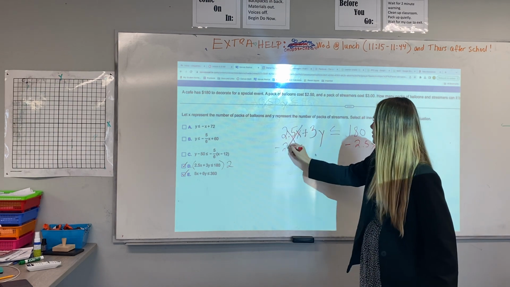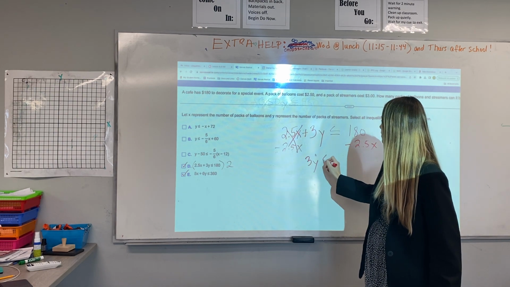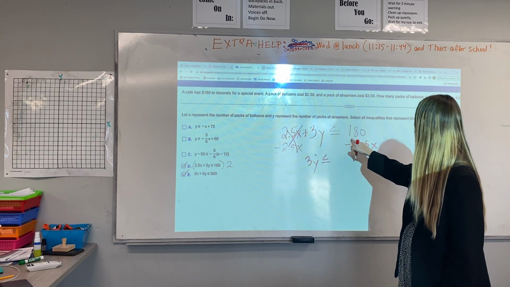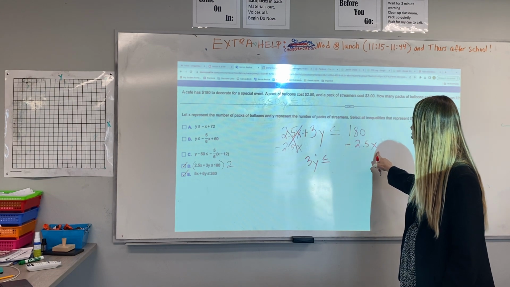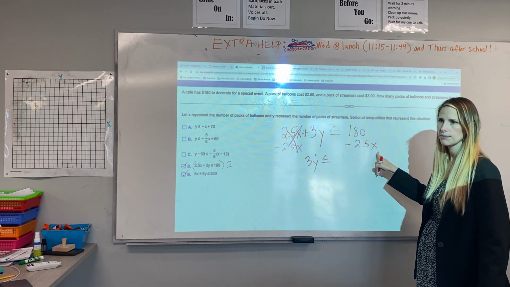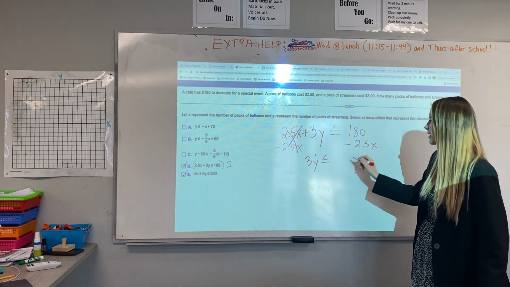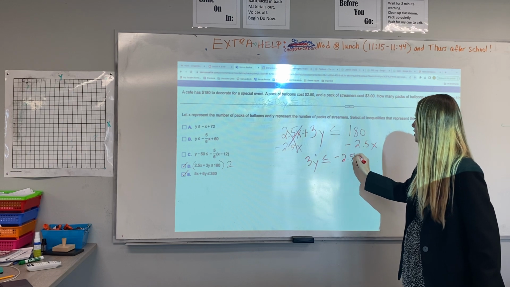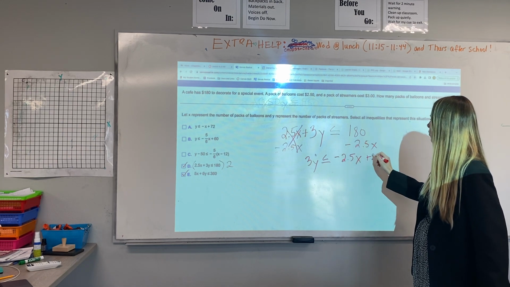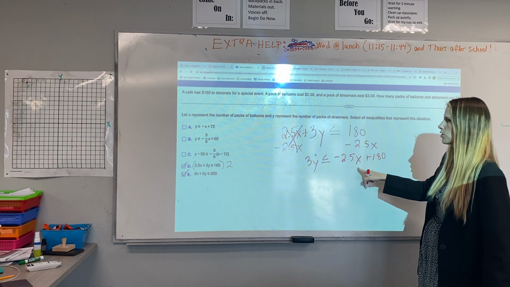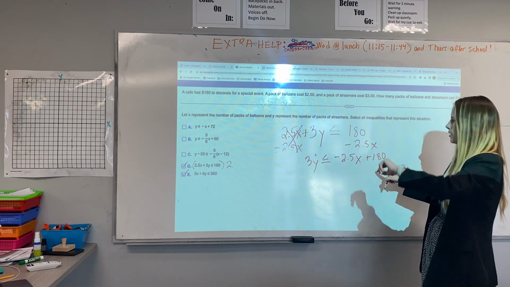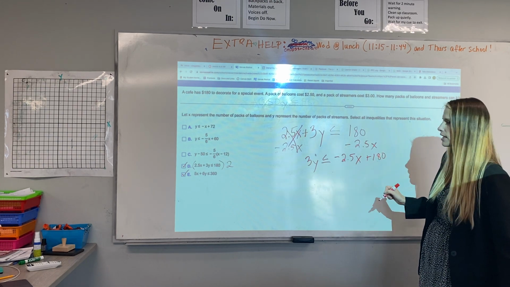So that cancels out there, and then we have 3y is less than or equal to 180 minus 2.5x. Which one do I want to write first? The negative 2.5x, because that represents my slope, and slope-intercept form is written with your slope term first, then your y-intercept.